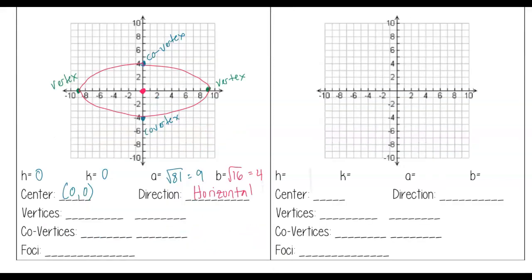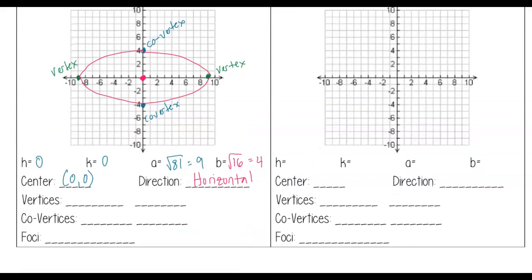Okay, so now we're just going to write down where these vertices and co-vertices are. My vertices are at 9, 0, and negative 9, 0. My co-vertices are at 0, 4, and 0, negative 4.